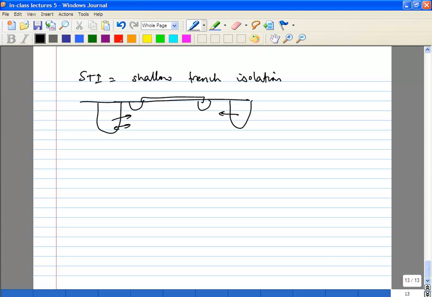For example, well overlap over your active. If you had a PMOS transistor and a well like this, you want this distance also to be larger than a certain amount. The more overlap there is, the less effect you will have. You just have to know a bunch of these things.